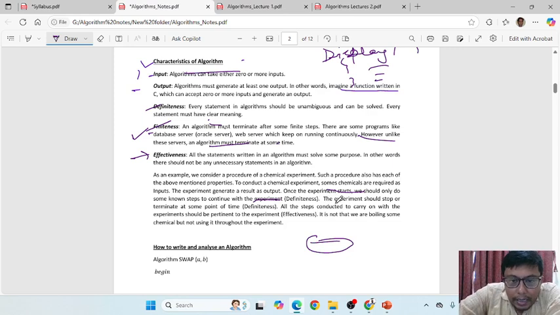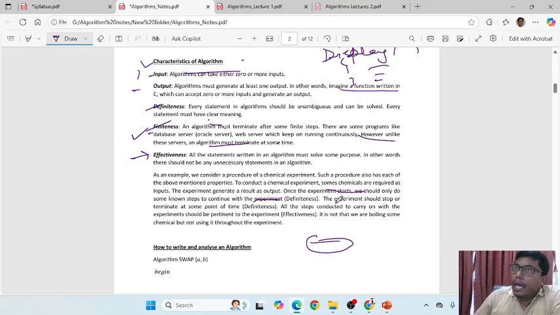Then you see the experiment. After performing those steps, the experiment should stop. It is not the case that your experiment goes on and on, never ending.